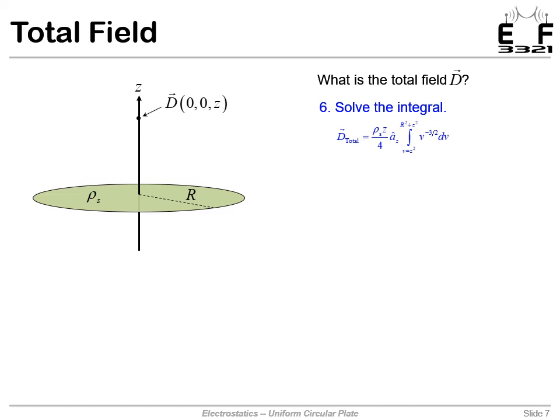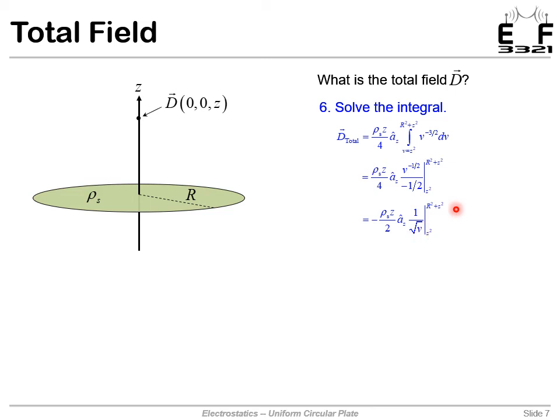So here's our integral from the previous slide. This is easy to integrate. The antiderivative of v to the minus 3/2 is v to the negative 1/2 divided by negative 1/2. Of course we have a definite integral here, so we evaluate the expression at R squared plus z squared and subtract the expression evaluated at z squared. We can simplify this a little bit. We can pull the negative 2 out to our constants out here, so we're just left with 1 over the square root of v.